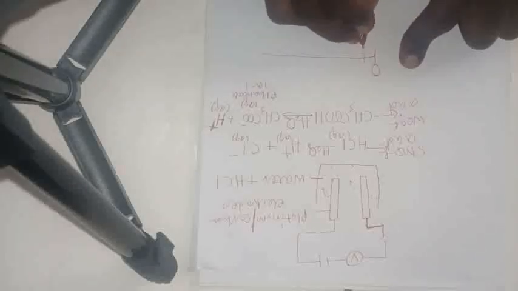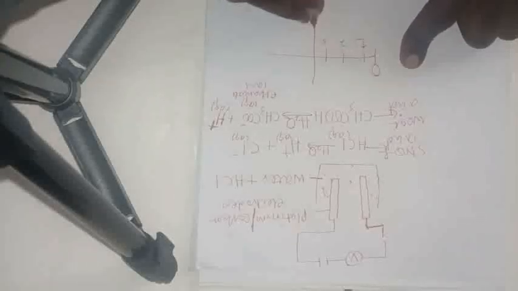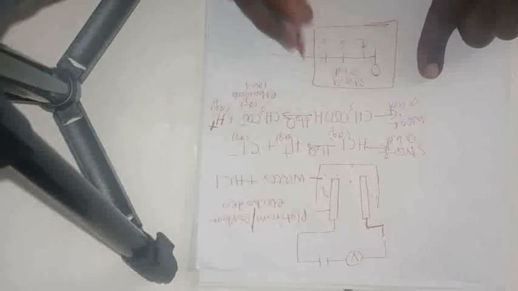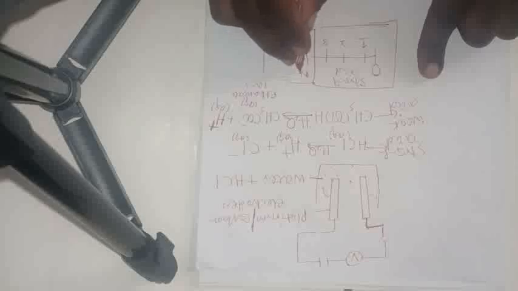if I begin from 0, if that can work as my scale on a pH scale, and I find that a substance has a pH ranging from 1 to 3, it is a strong acid. Whatever may have a pH of 4, 5, and 6 qualifies to be called a weak acid.